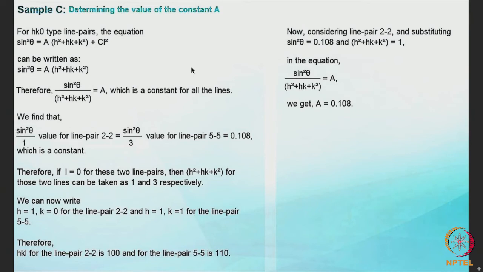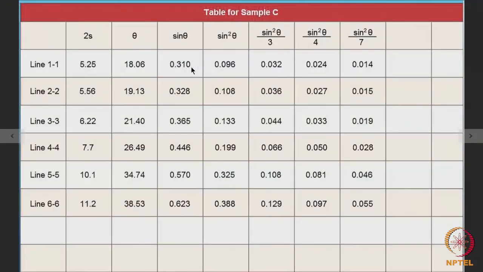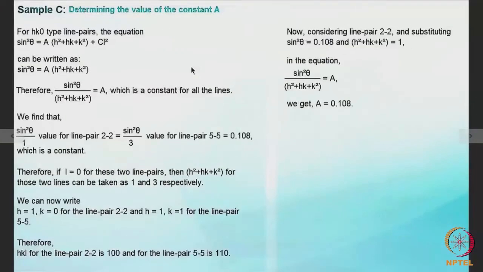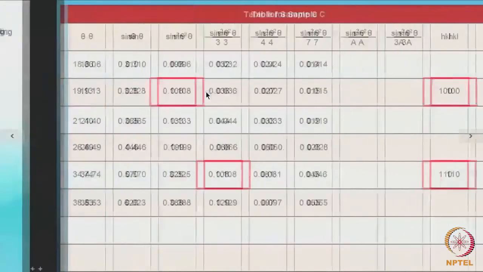Now, if we go back to the previous diagram here, we will see that sin square theta by 1 for line pair 2, 2 is equal to sin square theta value by 3 for line pair 5, 5 and is equal to 0.108, as it is becoming quite clear.